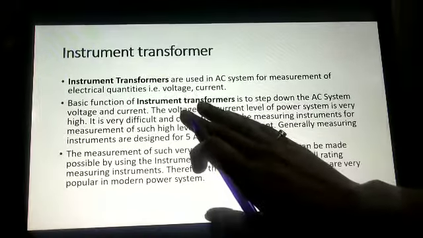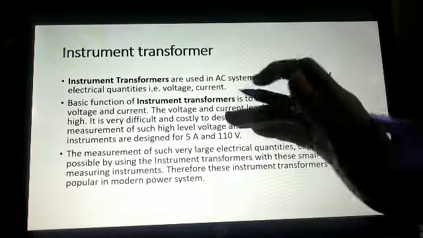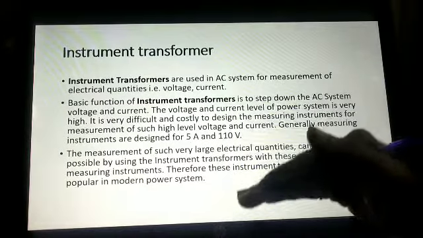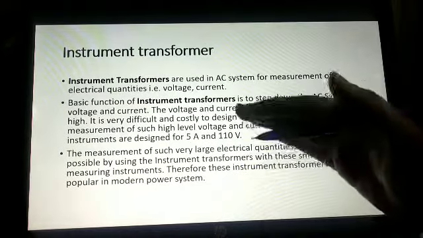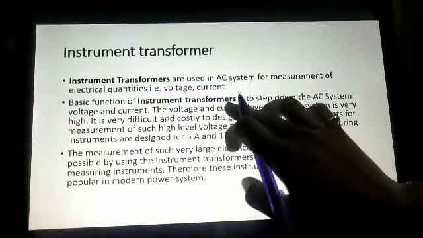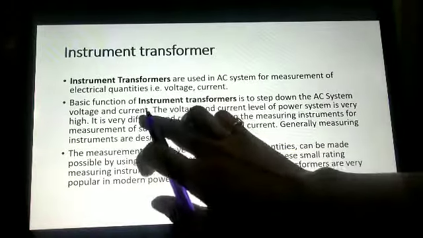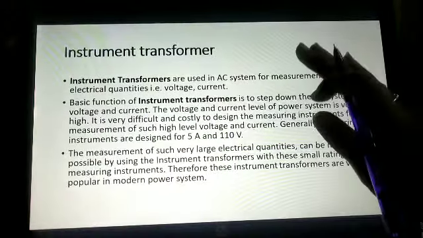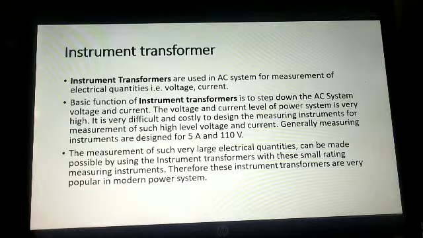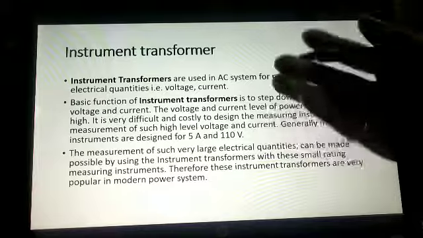We use instrument transformer. What does it do? It will step down. That means it will lower the values of voltage and current. So the basic function of instrument transformer is to step down the AC system voltage and current. This is important because it is repeated in 12th also. So just clear your concept so it will be easy further.